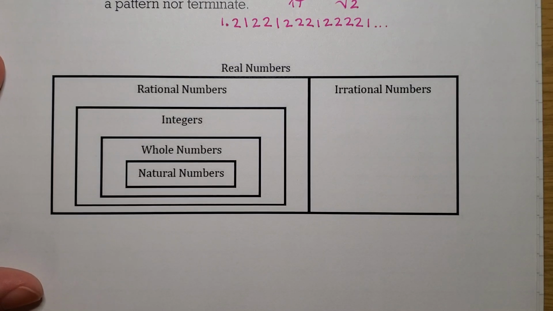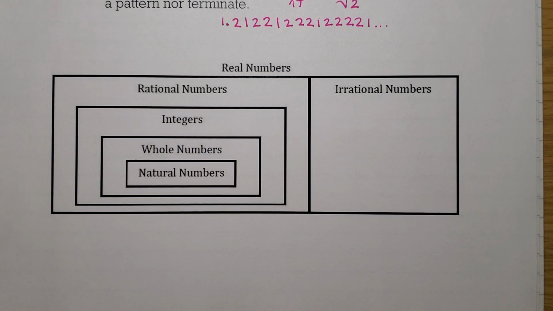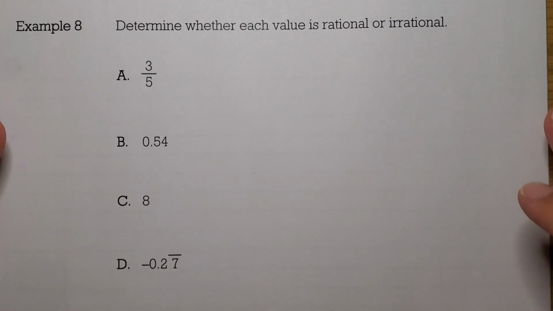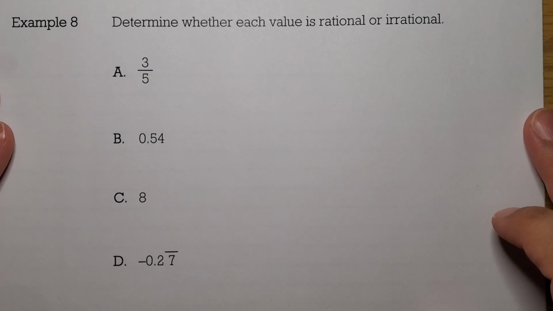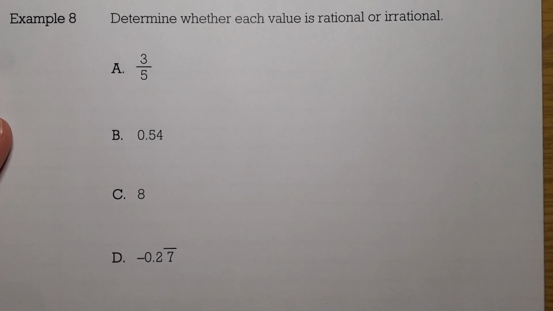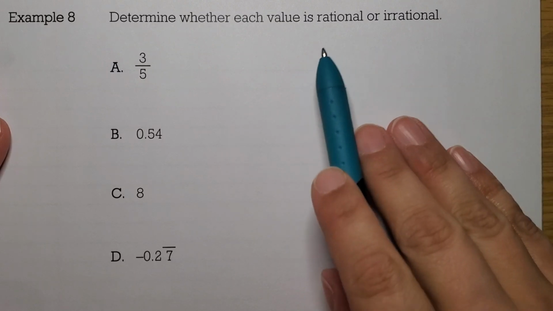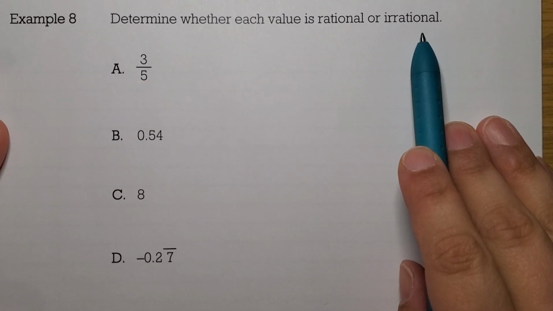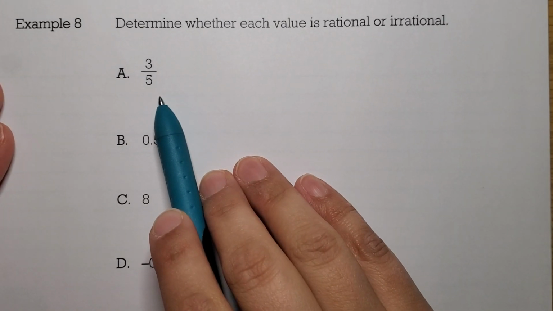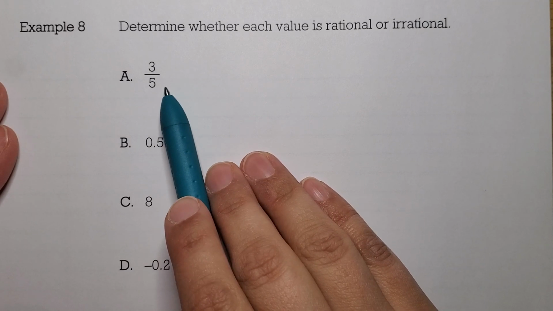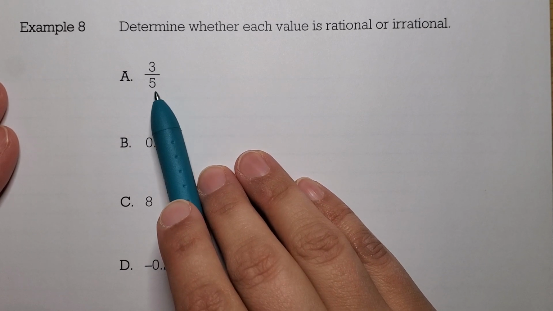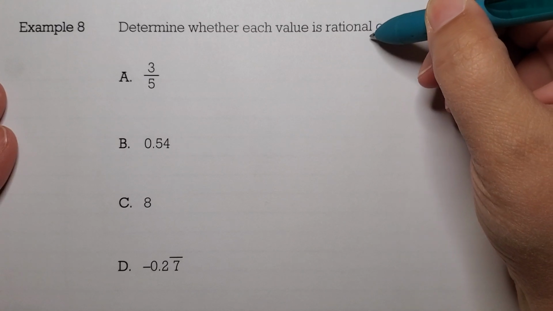So let's do a few examples of identifying whether numbers are rational or irrational. Okay, so I have 6 numbers that we're going to look at for this example, and we're going to decide whether each is rational or irrational. So 3/5. 3/5 we can write as a ratio of fractions, so that means it's rational.